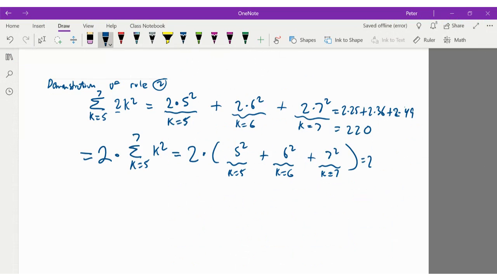So that's 2 times 25 plus 36 plus 49. And that gives you the same value, 220. So again, this is really the distributive property.